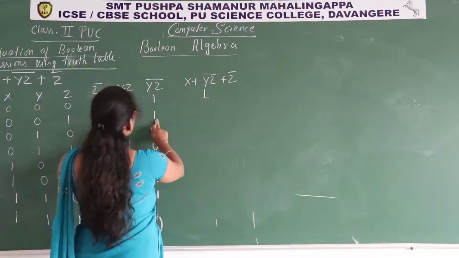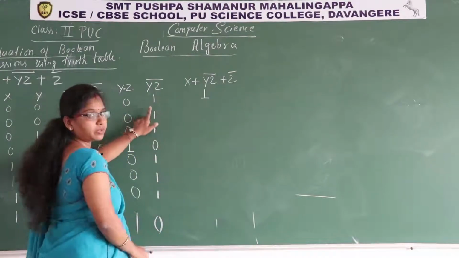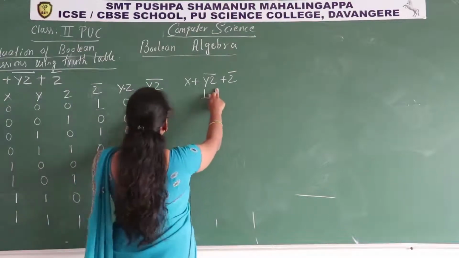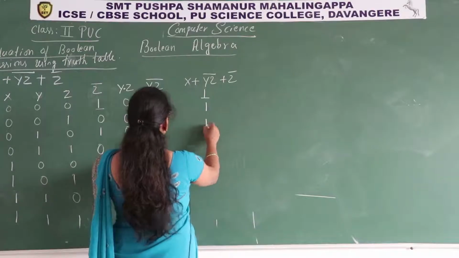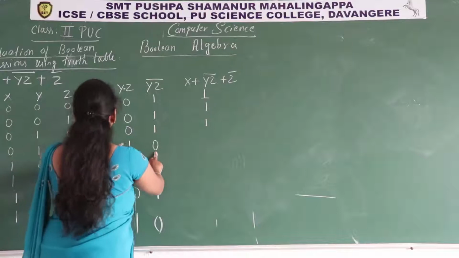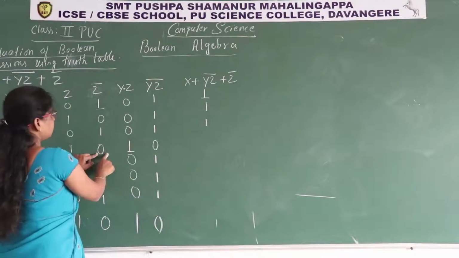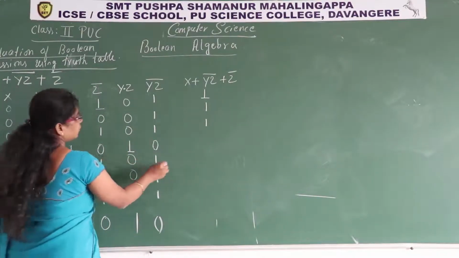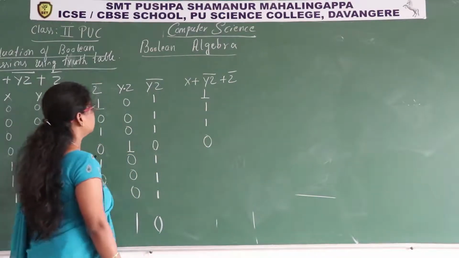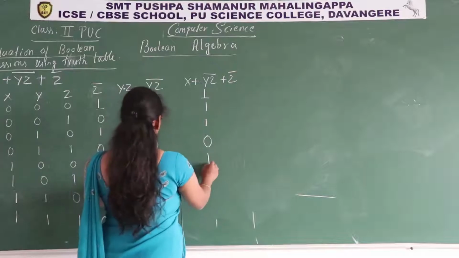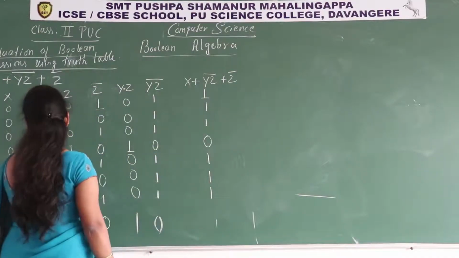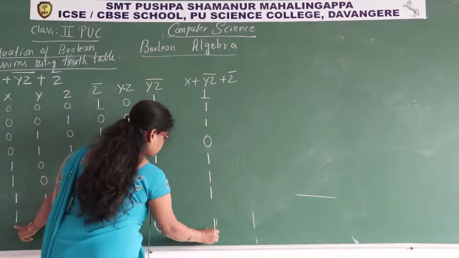If any one of the inputs is 1, output is 1. Here also 1. Now I'll consider this: when this is 0, we have to check whether there is a 1 next. z bar 0, x 0, then output is 0. If all inputs are 0, then output is 0 in our operation. Next 1 is there, 1, 1, 1. Here z bar is 0, but x is 1, so output is 1.